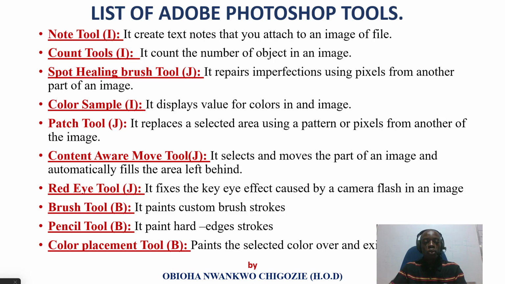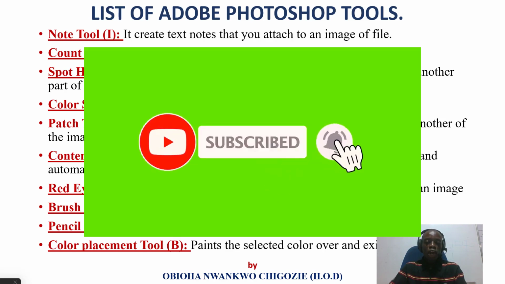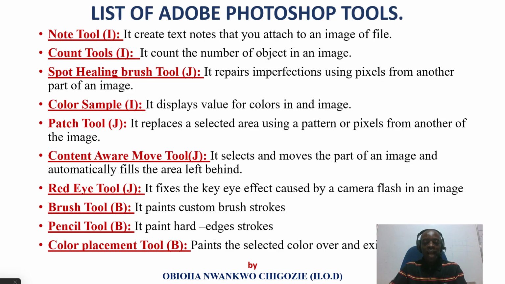You have the red eye tool, which fixes the red eye effect caused by a camera flash. When you snap a picture at night, there might be a camera flash in your eye, so all you need to do is use your red eye tool to correct the red eye in the picture.